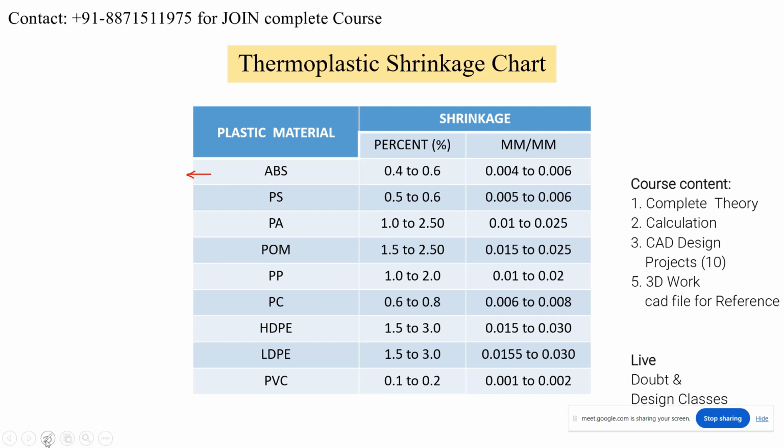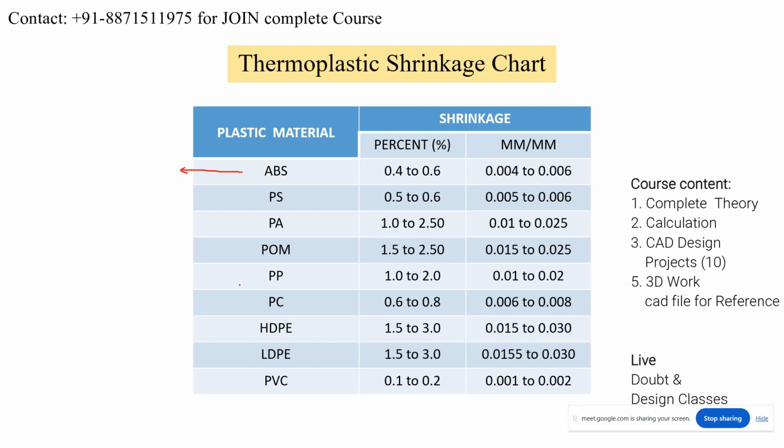For example, if I'm talking about the ABS material, what is the property of ABS material? Tell me, if you know. Depending upon those properties, we have to use the material in the right application.